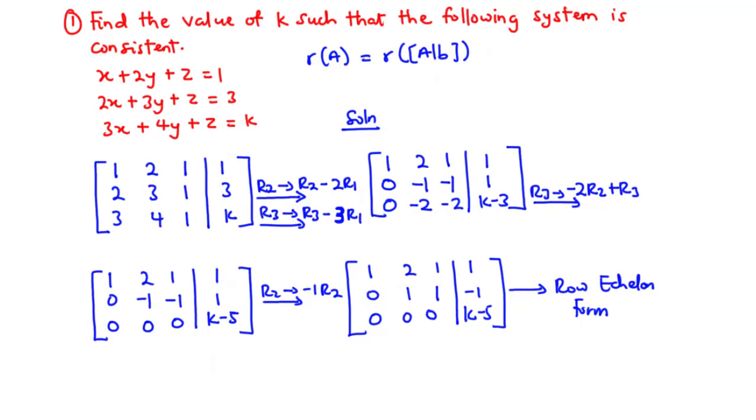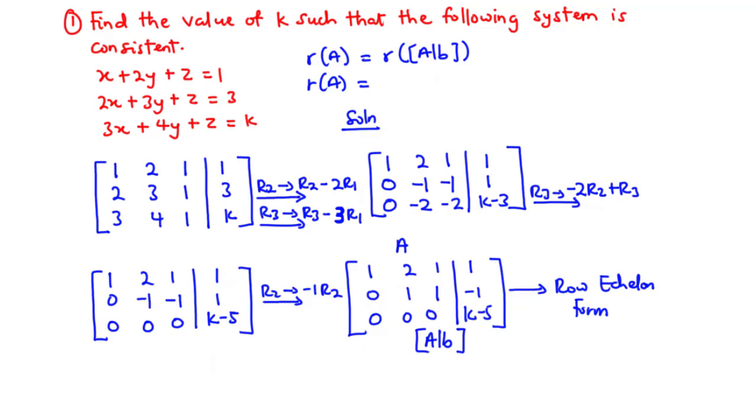Now in the previous section, you recall that the rank of the coefficient matrix should be equal to the rank of the augmented matrix for the system to be consistent. Now let's try to find the rank of the coefficient matrix. So this is the coefficient matrix, that is the 3 by 3 matrix, and the whole of this is the augmented matrix AB.